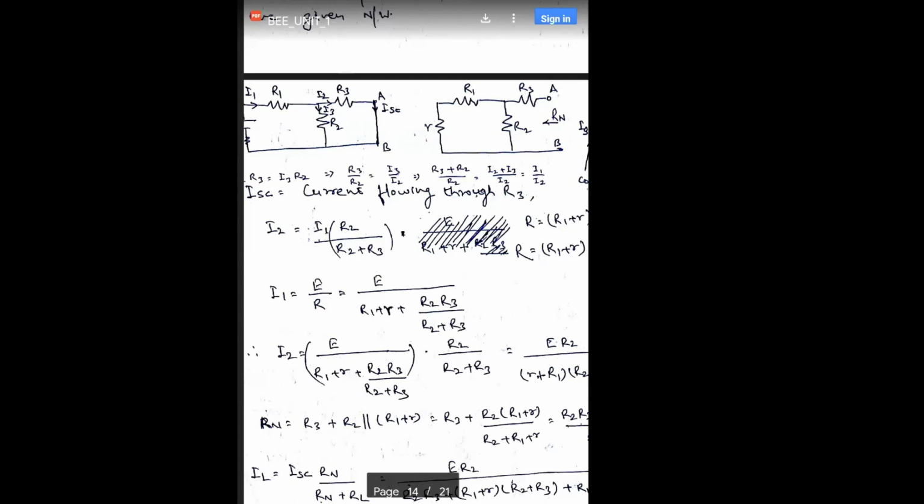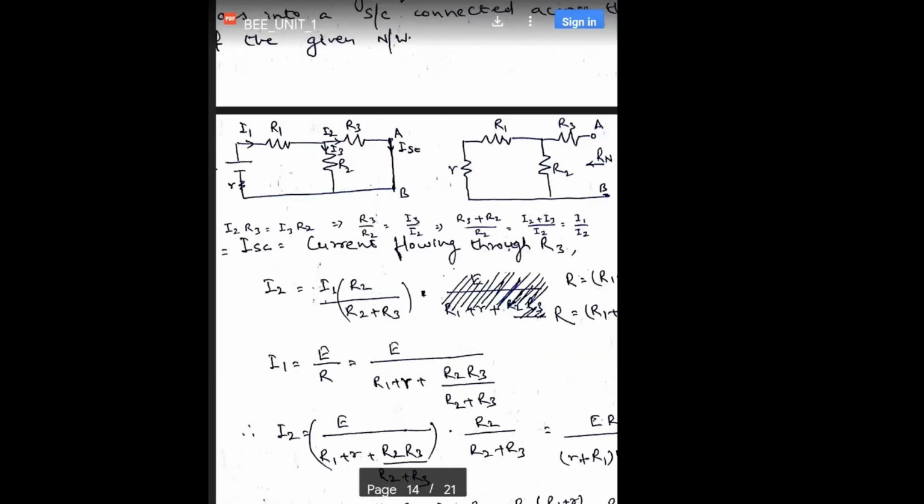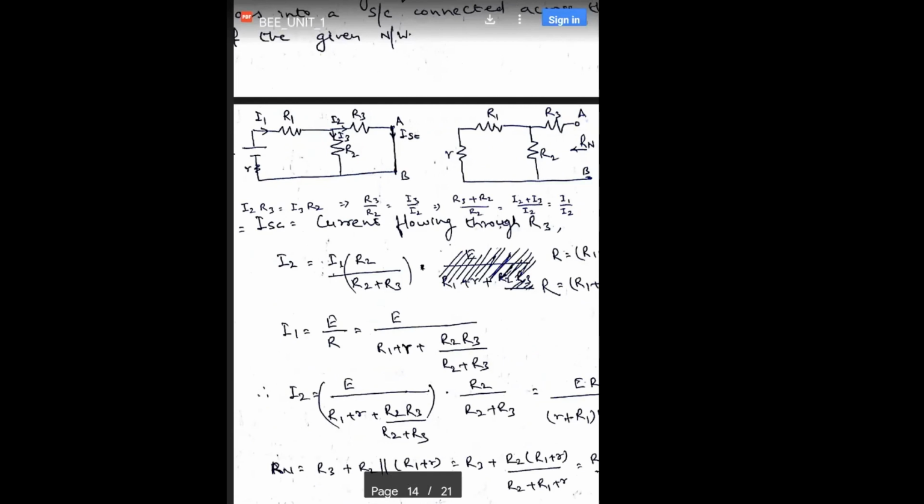So the net resistance of the circuit will be R1 plus R, plus R2 in parallel with R3. So see to it. The current is flowing from LHS to RHS.